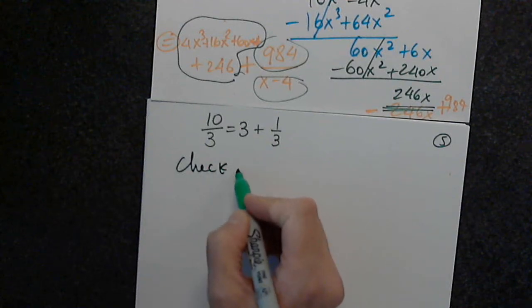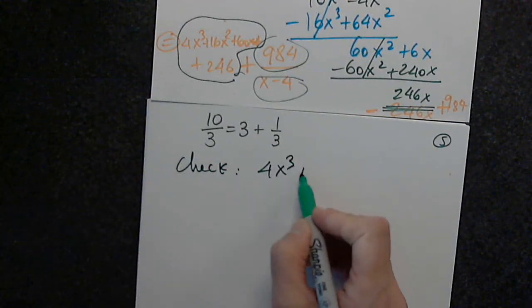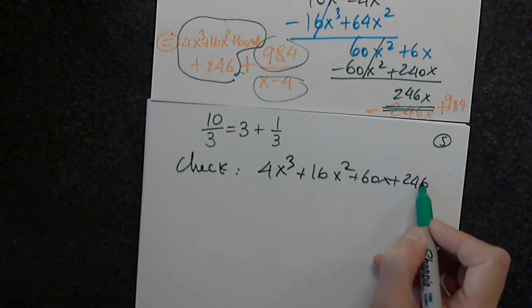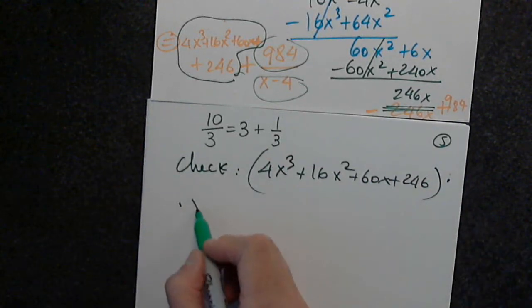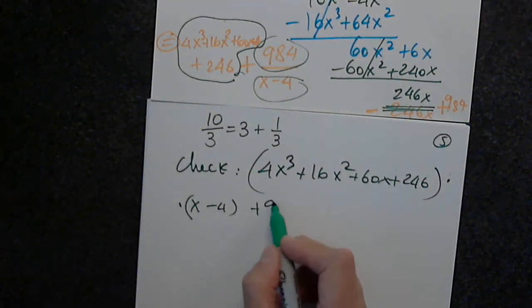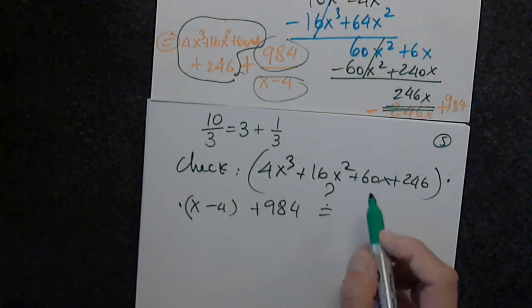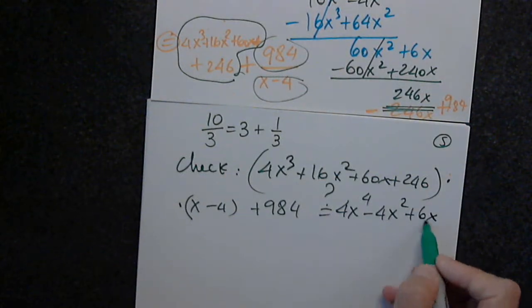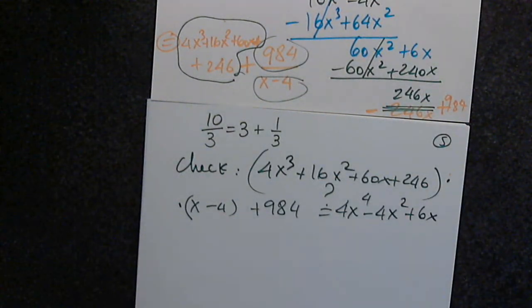I have to show that 4x cubed plus 16x squared plus 60x plus 246, everything multiplied by x minus 4, and plus 984, is 4x to the fourth minus 4x squared plus 6x. If I can't show that, the answer means nothing. It's not the answer.